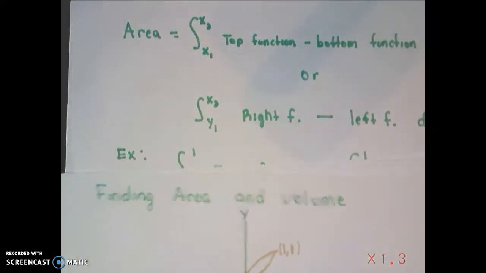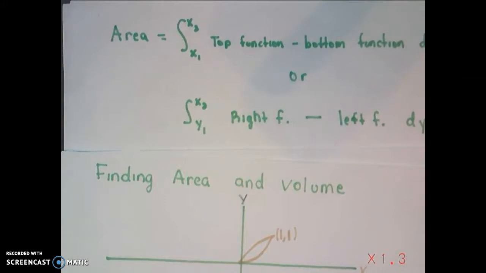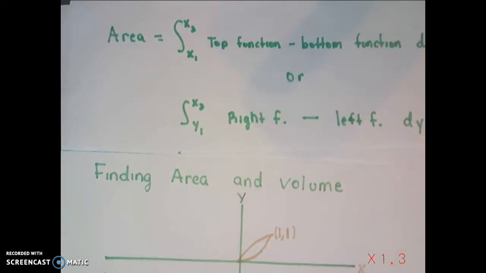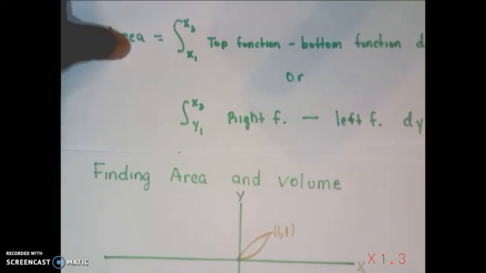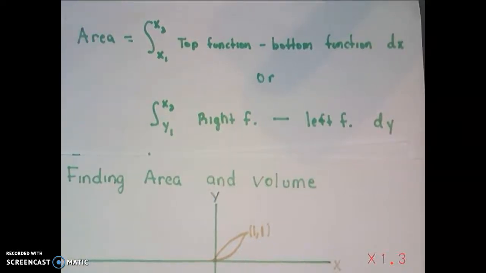Here, you can recopy these notes. You still should have them in your binders, but if not, you can recopy this. So again, when we're doing top minus bottom, then we're going to have a function of x, and our limits of integration are going to be from x1 to x2.